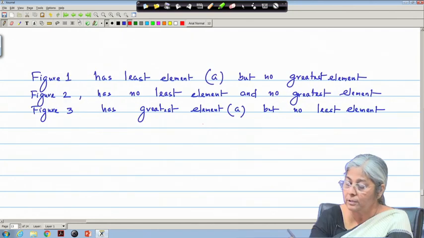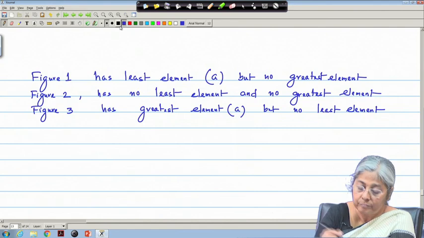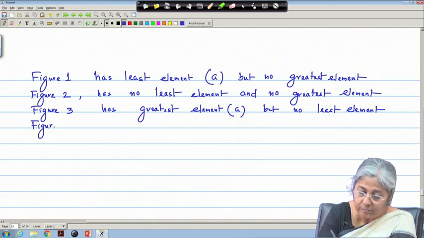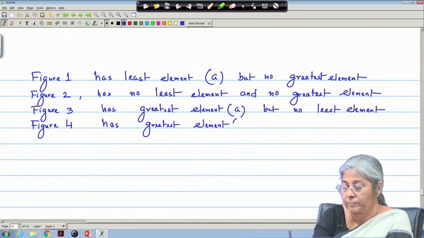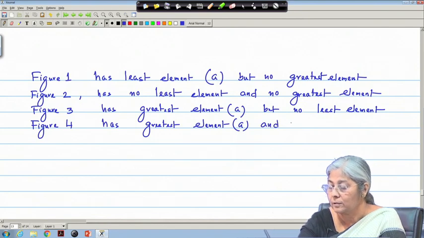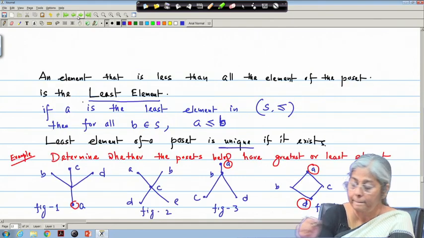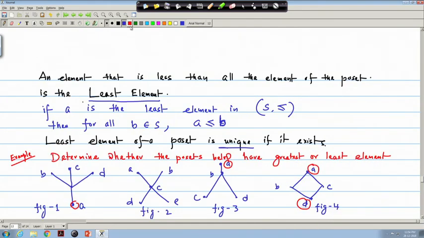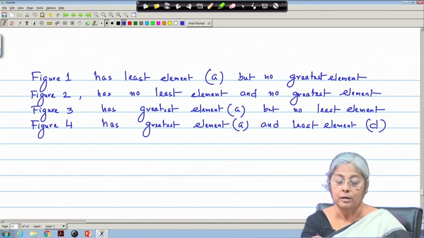So, figure 4 has greatest element A and least element D. So, this is the greatest and least element, but not always do the greatest and least element exist, as we have seen for figure 2, which has no least or greatest element.